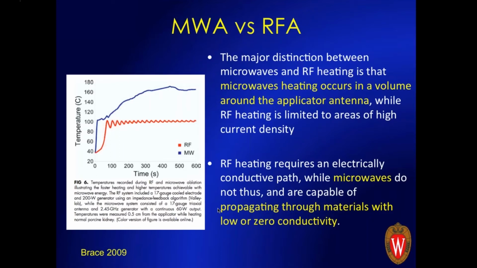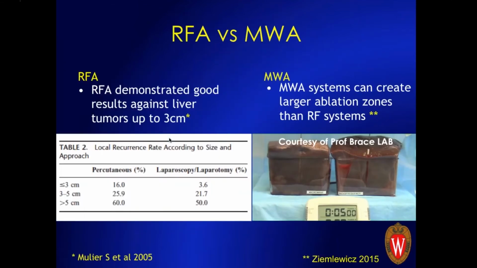And when this current density reduces, we have a plateau with inefficacy of the treatment. Radiofrequency requires an electrical conductive path, not necessary for microwaves, which are capable of propagating through materials with low or zero conductivity.